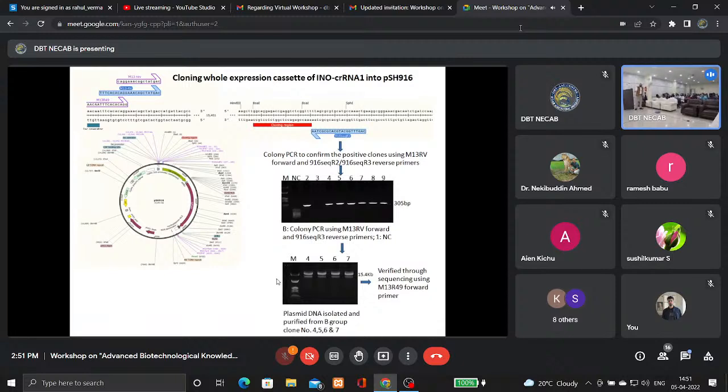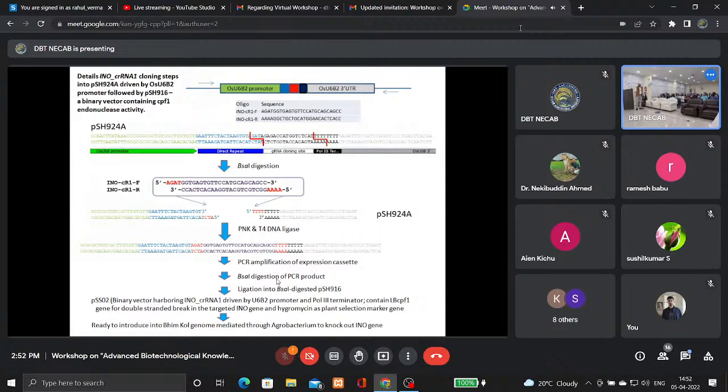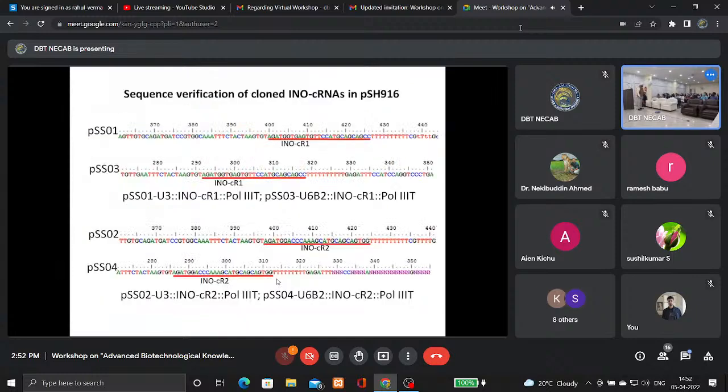So finally we cloned the whole guide RNA into this region, and then we did colony PCR. We amplified the whole expression cassette by colony PCR, and since they gave us the right amplified product, we isolated the plasmids from those bacterial clones and finally sent them for sequencing for verification.